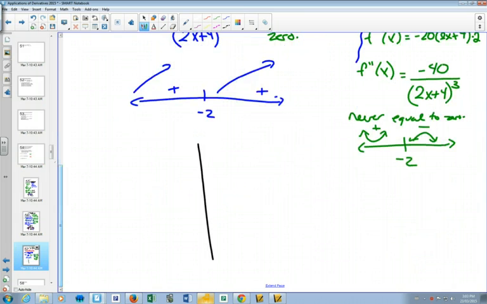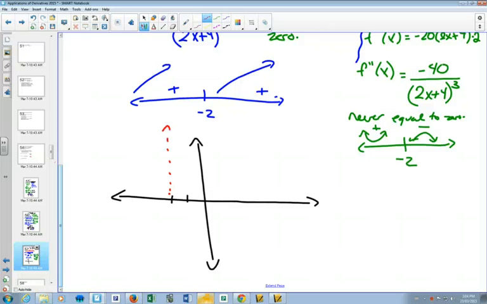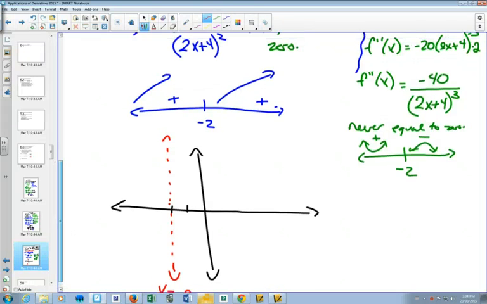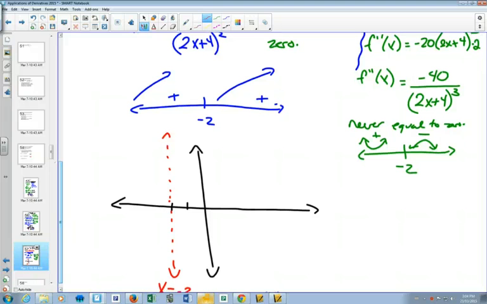So we can go to our equation, draw our asymptotes in with a dotted line. I like to use red. Vertical asymptote was at -2, is that right?